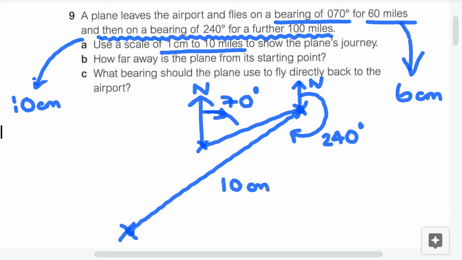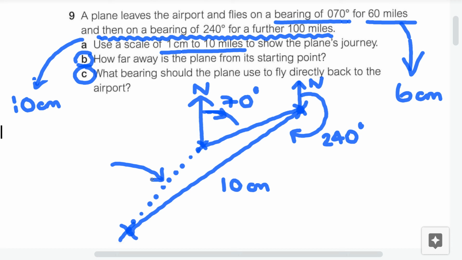Okay, which then gets us into what ultimately is question B and question C, the 2 points of the question we've got to answer. And the first question is saying, how far away is the plane from its starting point? And so what you need to do is, using a ruler, and assuming you've drawn the diagram accurately, be able to join the dots from where the line started to where it ended up.